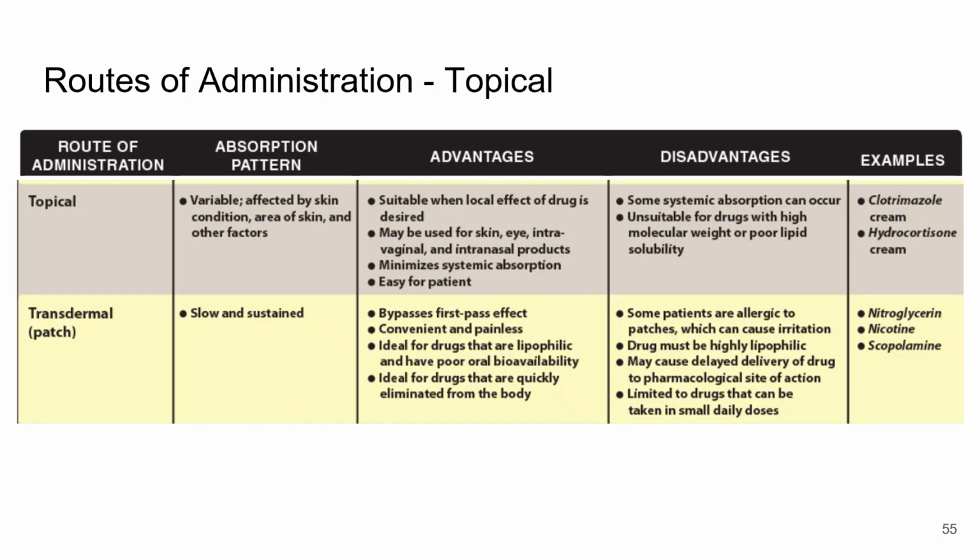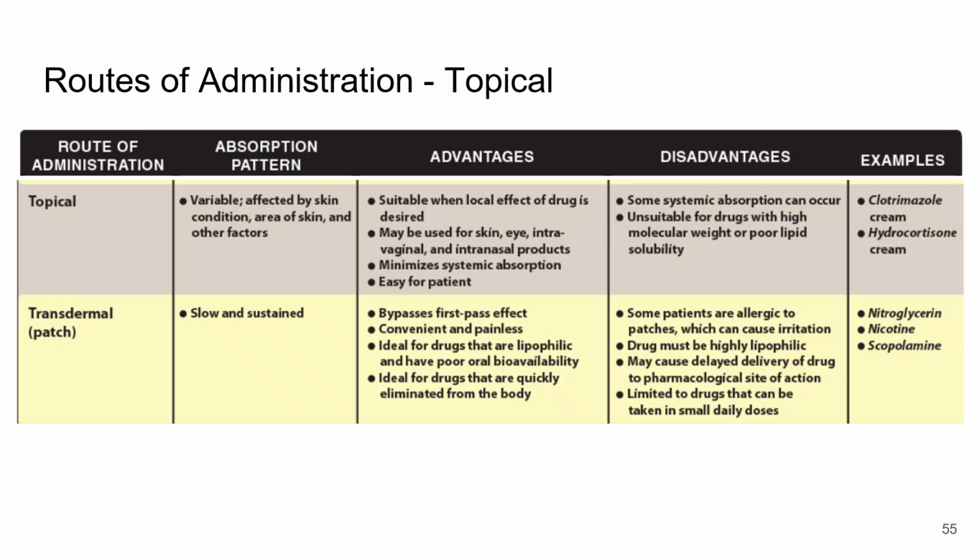Okay, so next are our topical and transdermal routes. We often choose these to limit systemic exposure to the medication or to provide slow, steady drug delivery over a period of time. So topical medications can be applied directly to the skin or the mucous membranes. Absorption is going to be variable and is going to depend on factors like skin integrity, the surface area, inflammation in the area.